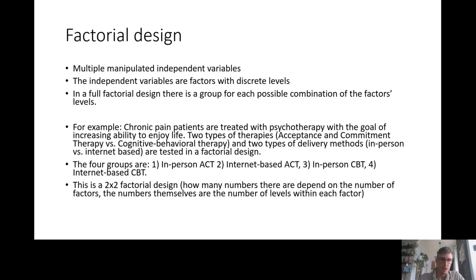So let's consider that we are assessing the effectiveness of different psychotherapy interventions on improving the quality of life of chronic pain patients. And we are assessing the effects of two types of therapies: acceptance and commitment therapy, so ACT, and CBT. But we also think that the delivery method of the therapy could affect the outcome.